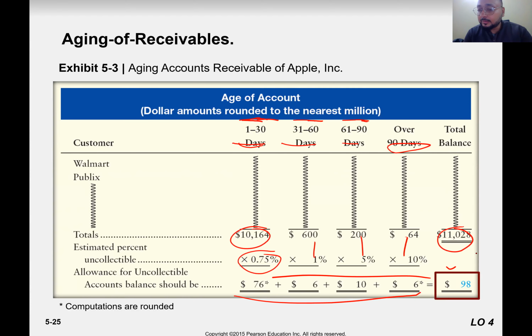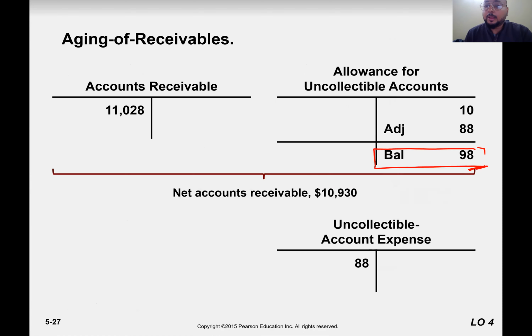So this 98 is giving you the total balance of the allowance for uncollectible accounts, right? So it means the balance is 10 and the total is 98. So the expense would be, you need to find out this 88.